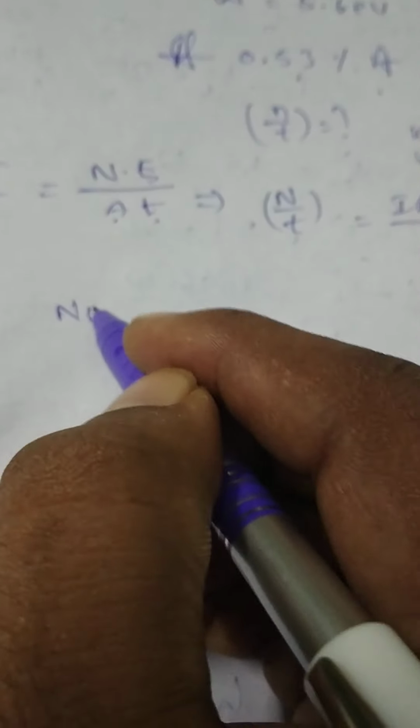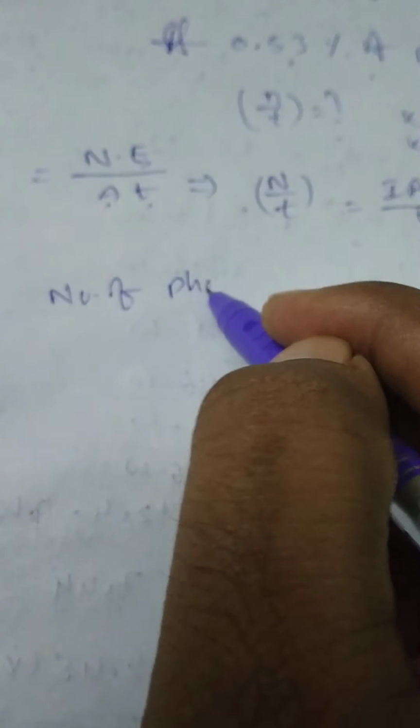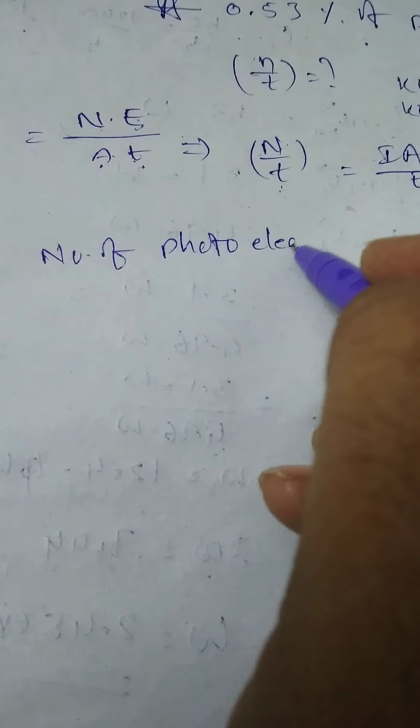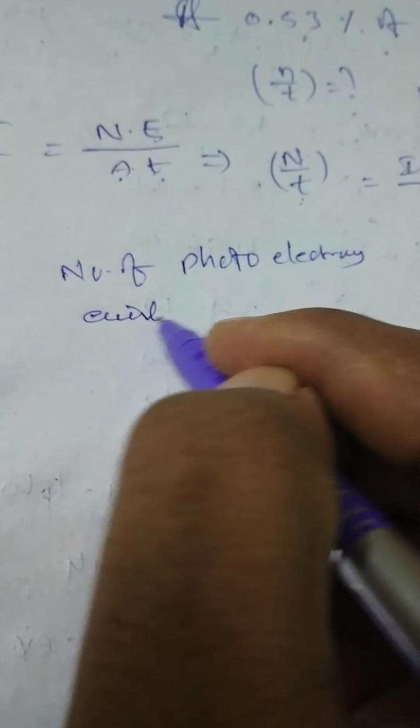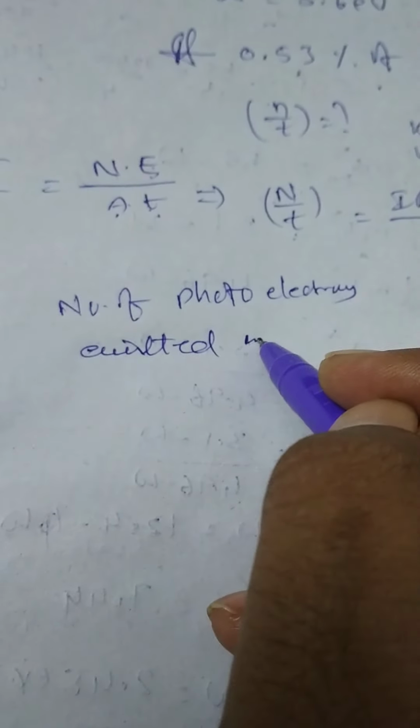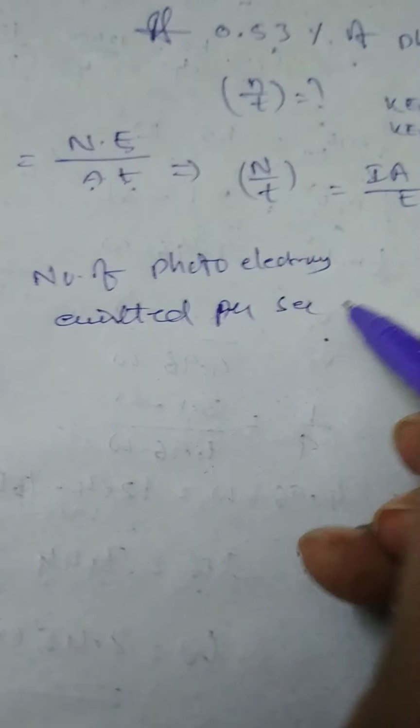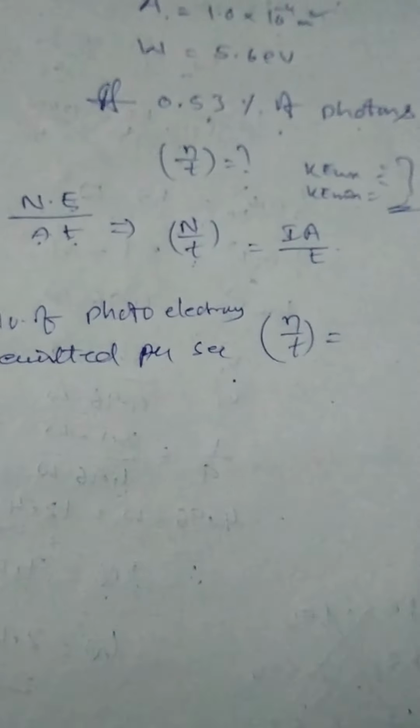But the number of photoelectrons emitted per second is small n by t.